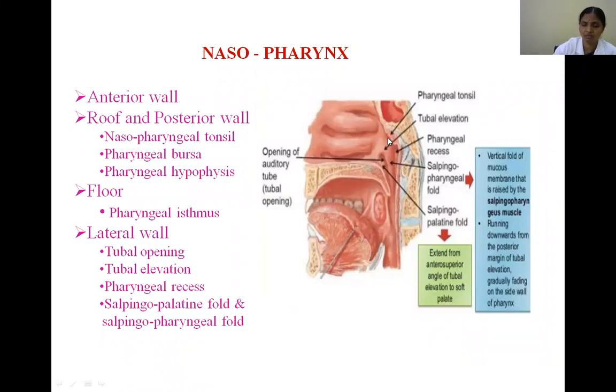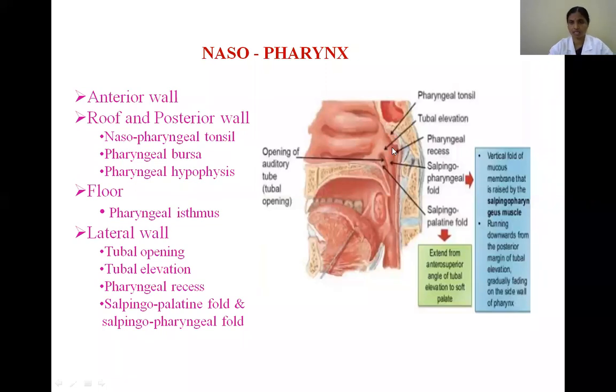So what is the tonsil present here on the roof or posterior wall of the nasopharynx? Pharyngeal tonsil or nasopharyngeal tonsil. This nasopharyngeal tonsil may be inflamed and it leads to a condition called adenoids.